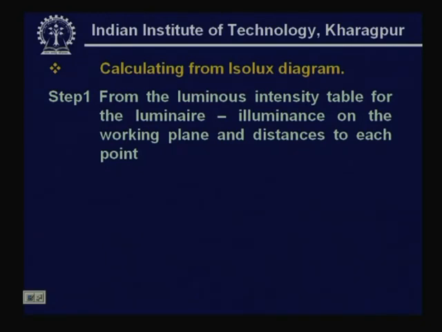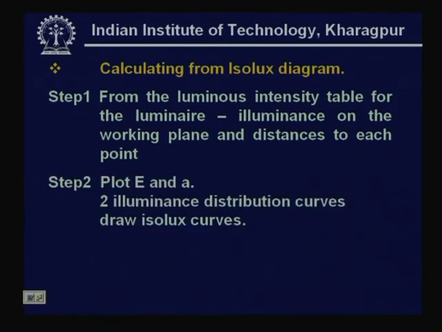It will become clear because we will take one example where the layout of lamps is there, and at a particular point we plot E against the distance from that point, and plot the illuminance curves, which could be circular or Isolux curves.